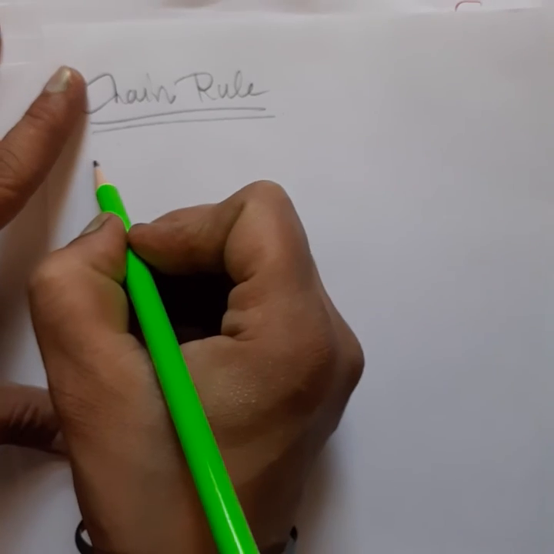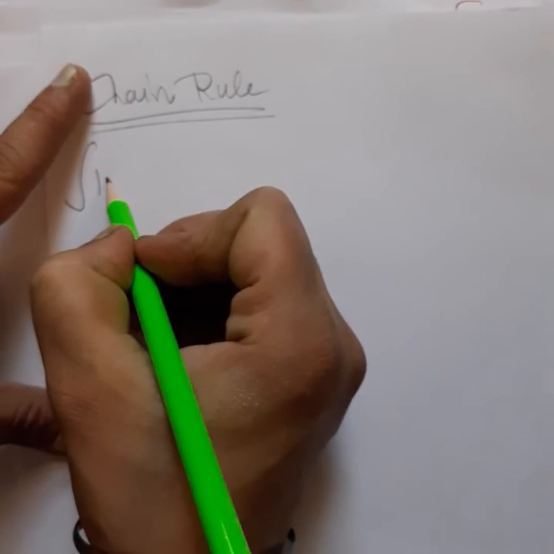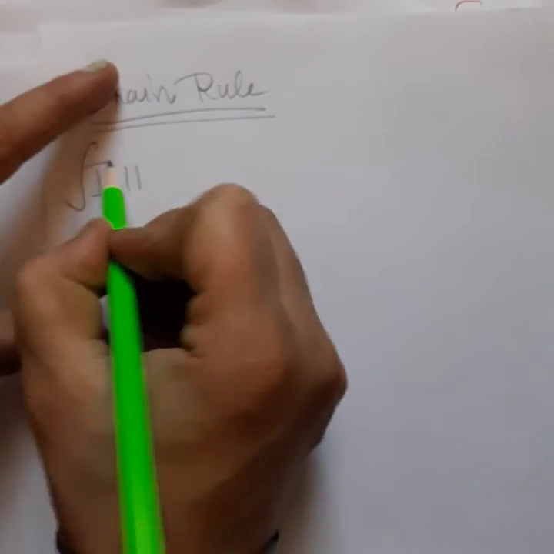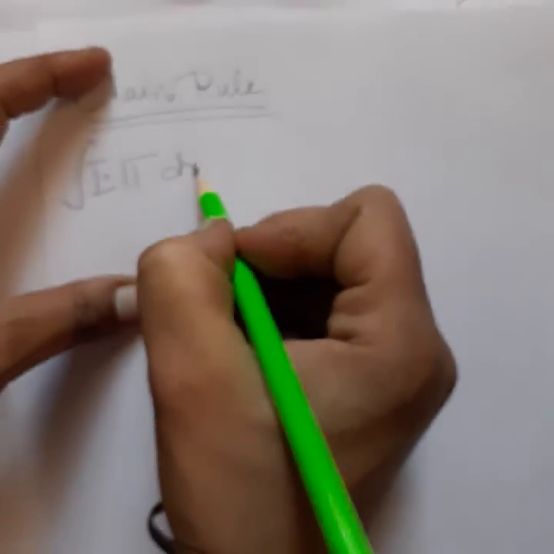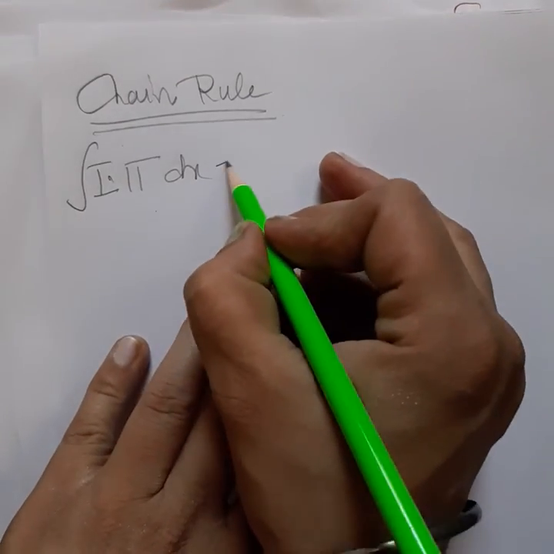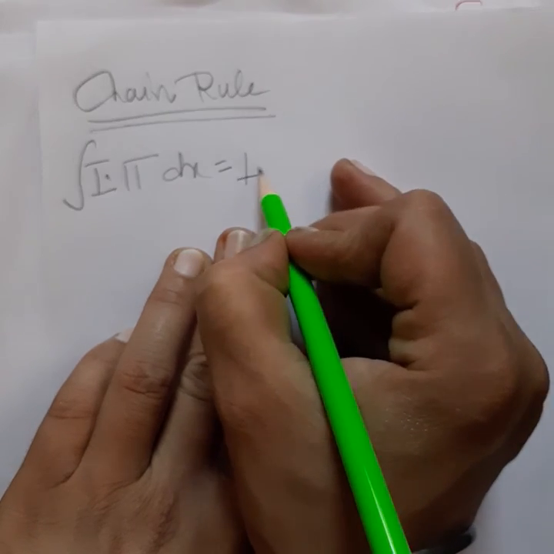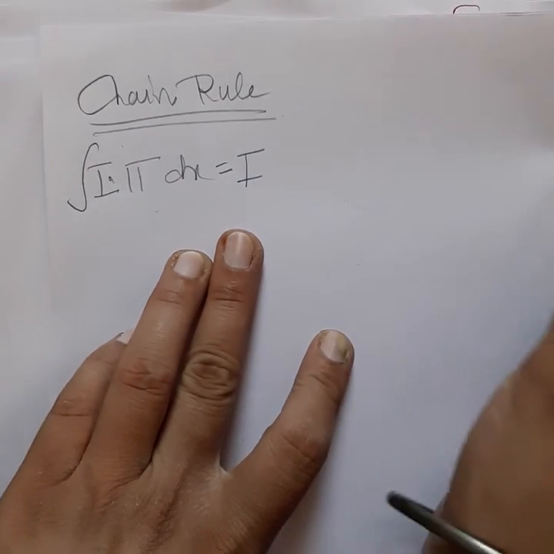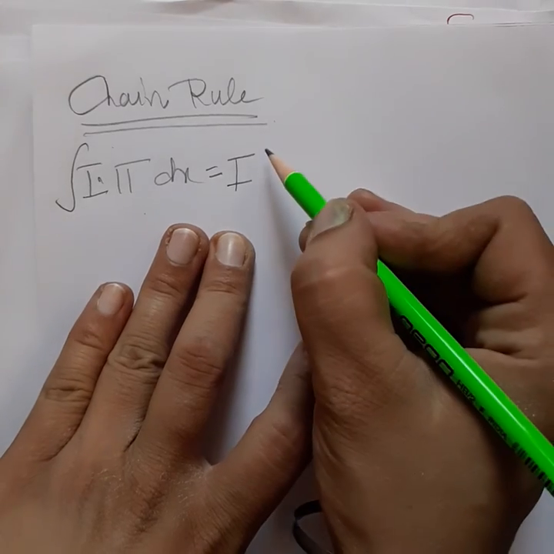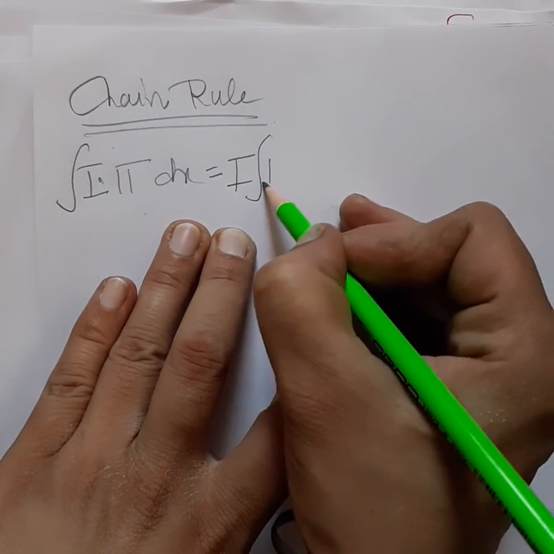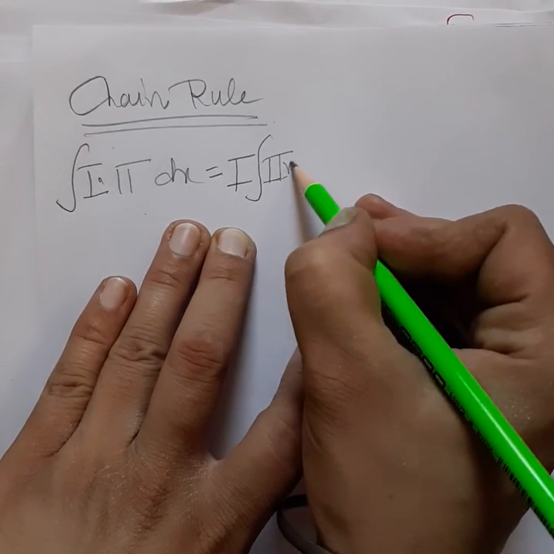So let's start. In the chain rule, when you write your first and second function in this way, firstly you write your first function as it is, and after that you take the integration of the second function.